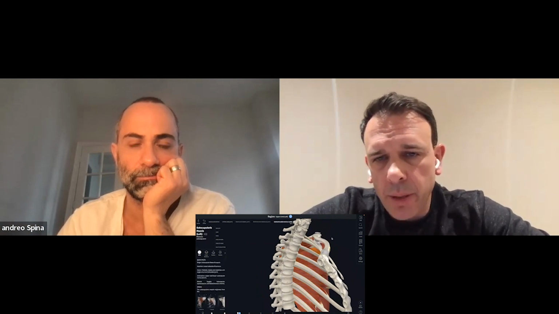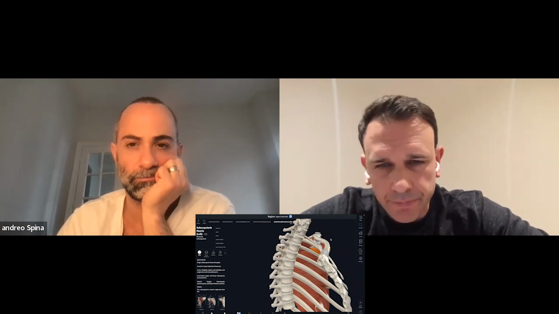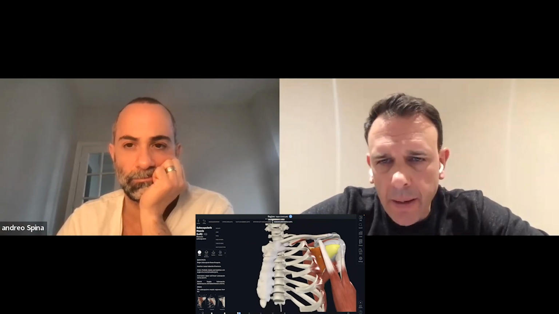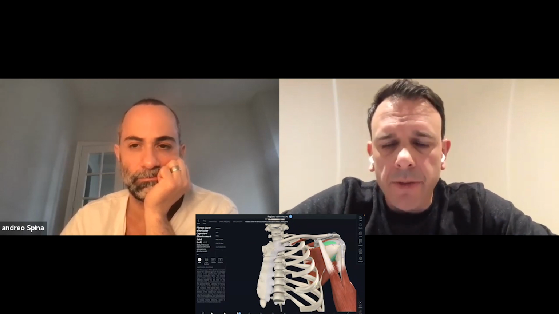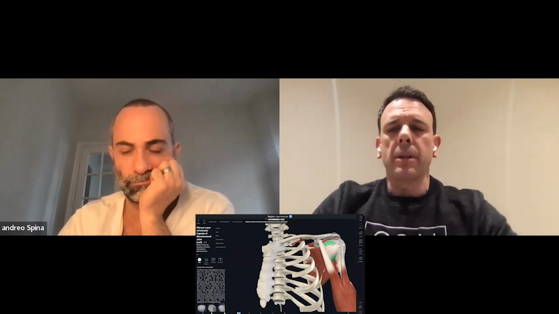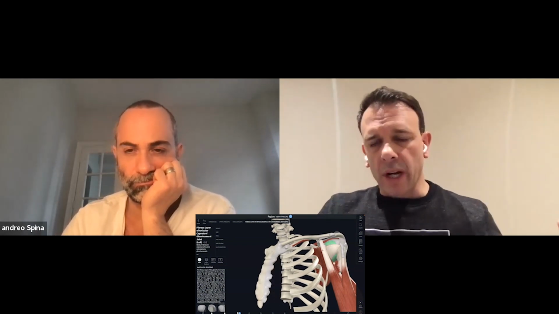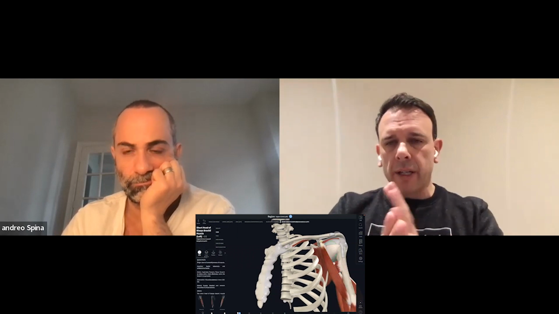So again, let's think anatomically here about why this is important. Let's pick the subscapularis first. We talked about it already, but it is going in the same direction as the glenohumeral capsule. It comes from the front side of the scapula, becomes very, very white, and interdigitates with a lot of the white tissue on the front of the shoulder joint.